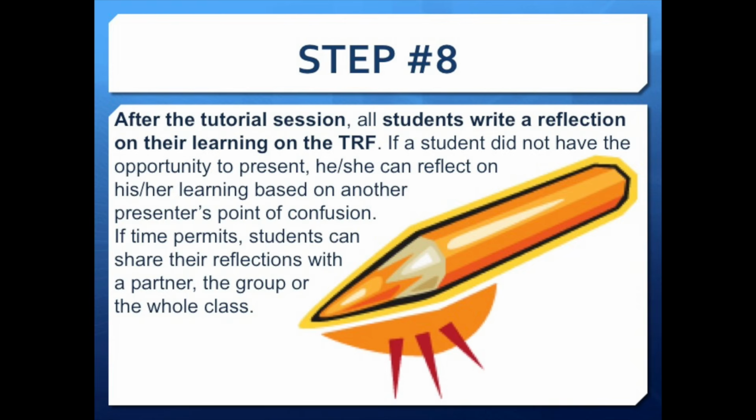If you did not have an opportunity to present up at the board, you're going to have to reflect on someone else's point of confusion in their learning during the tutorial process. If there's time left, you can share your reflections with a partner or the whole group.